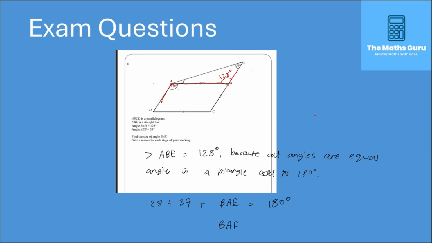Hence, BAE is equal to 180 minus 128 minus 39. So we can look at this and say that our BAE is equal to 13 degrees.